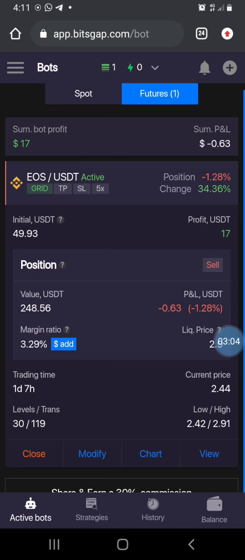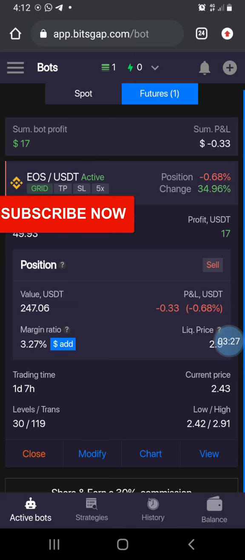So in the last 31 hours, that's 7 plus 24, the bot made a profit of 34%. That's an average of 1% profit per hour. So if I launched the bot with $50, the bot is making about $1 every hour.